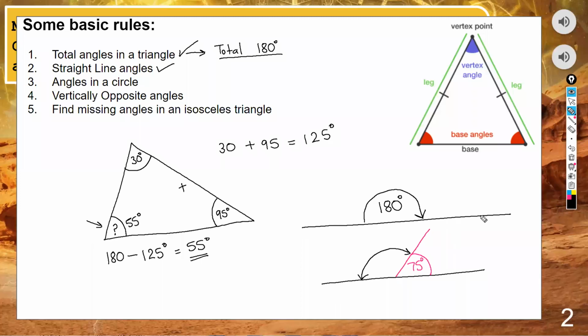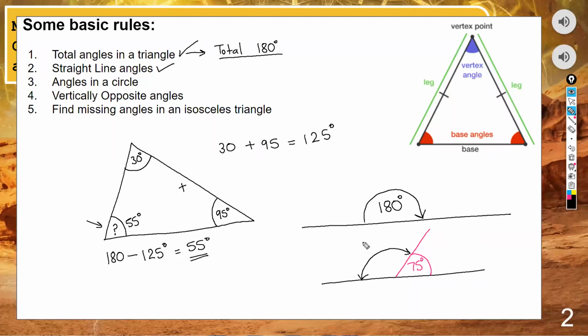Remember, a full line is 180. I gave you a piece. How much again do we need to make the 180 degrees? A lot of people are sending answers. So far, no wrong answers.